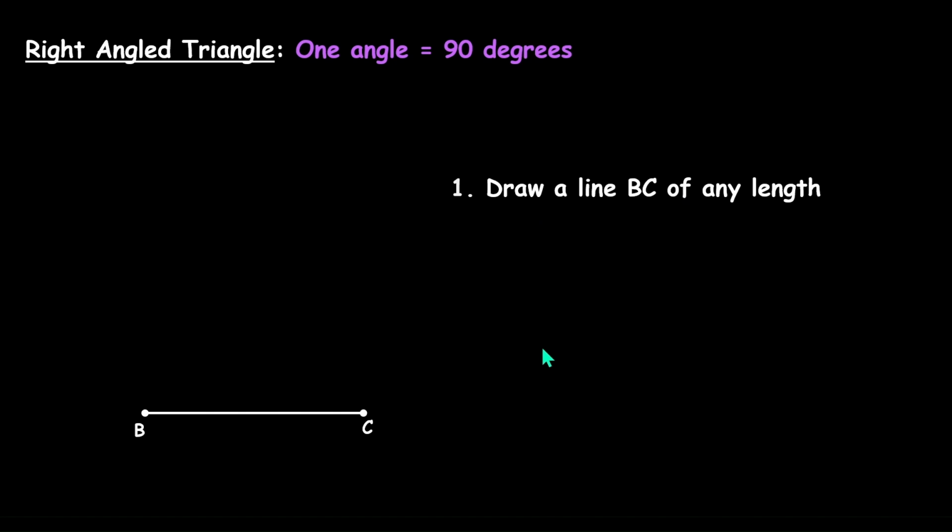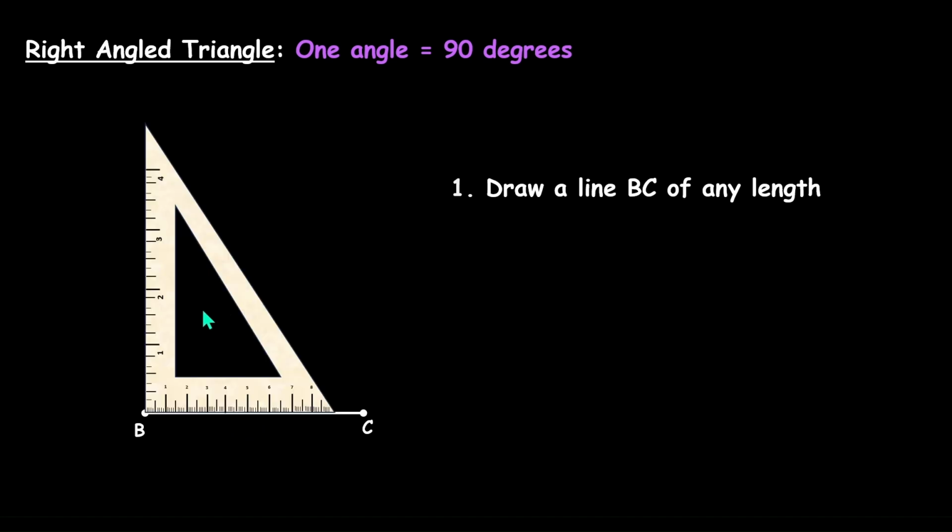And now let's take a set square out and place it right on the vertex B. You can also do it on C, but I'm here doing it on B, so I'm placing my set square on the vertex B. And as you can see, the set square is already perpendicular. This itself is perpendicular to our original line.